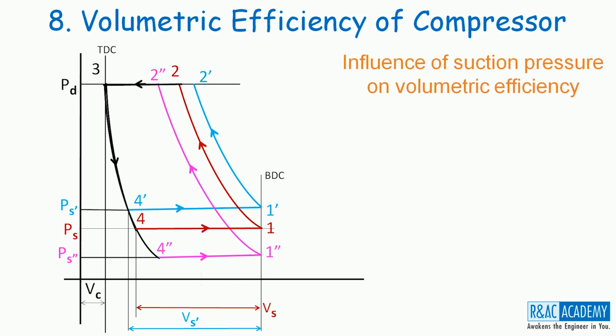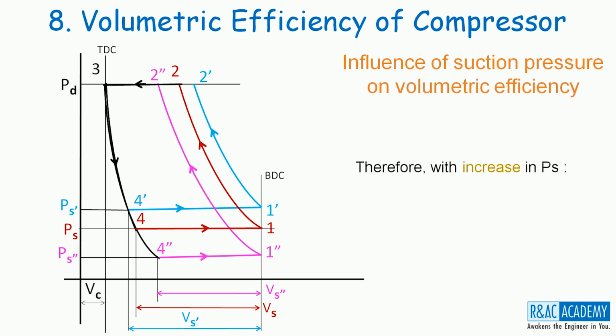And the actual volume of the vapor sucked into the cylinder is Vs double dash, which is lower than the baseline value Vs. It is because more portion of the stroke length is consumed for the re-expansion of clearance gases. Therefore, with the decrease in suction pressure, the actual volume of the refrigerant vapor sucked into the cylinder reduces and hence volumetric efficiency also reduces.